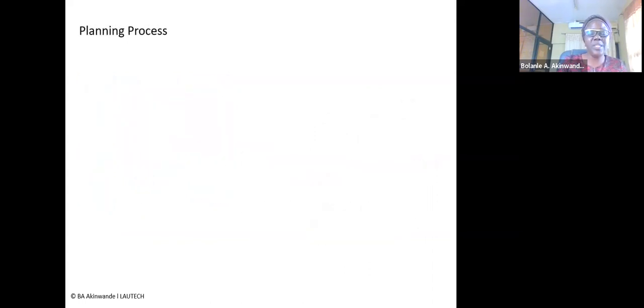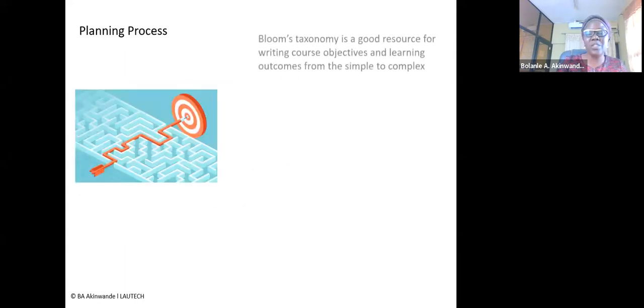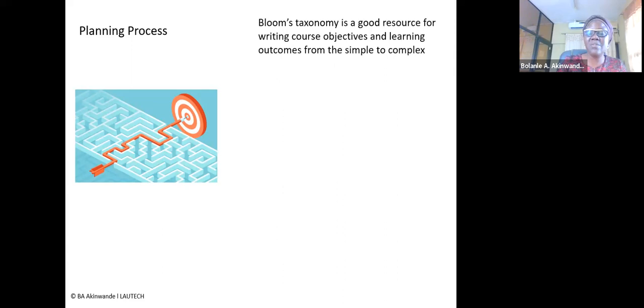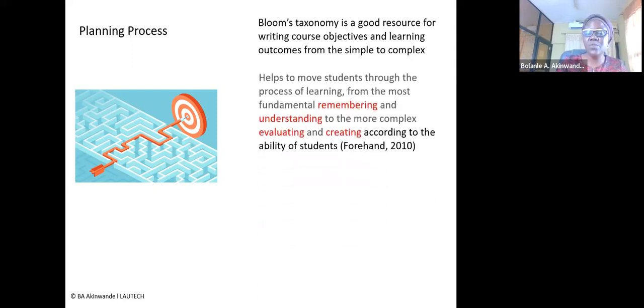For the teachers, in breaking the relevance into different categories for the planning process, Bloom's taxonomy serves as a very good resource for writing course objectives and learning outcomes. And this is from the very simple one, the lowest level, to the most complex one, which is the highest level. It helps to move students through the process of learning from the most fundamental remembering and understanding, the first two levels, to the more complex evaluating and creating, the last two levels.